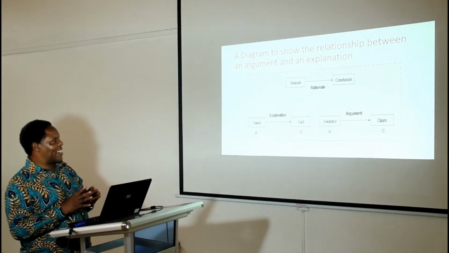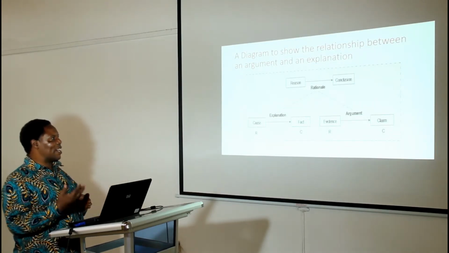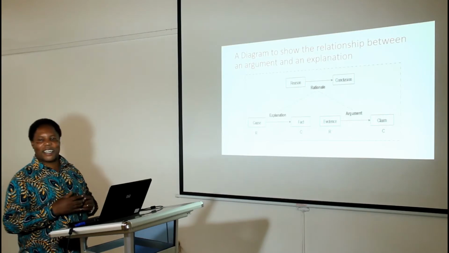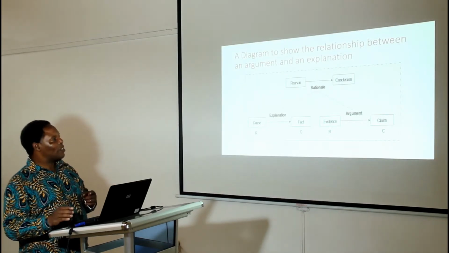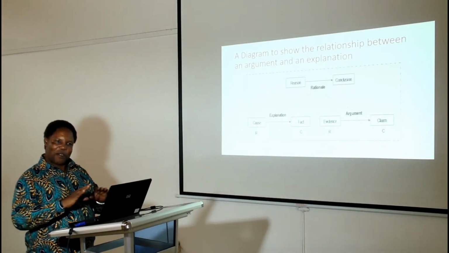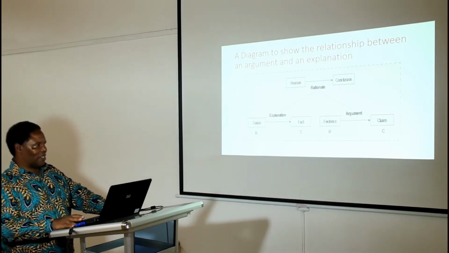In order to make a clear argument, it means first you have a reason, and then you make a conclusion, but you cannot make a conclusion if you have not explained what you want to conclude. And when you are doing all those three, it means you are trying to make an argument.